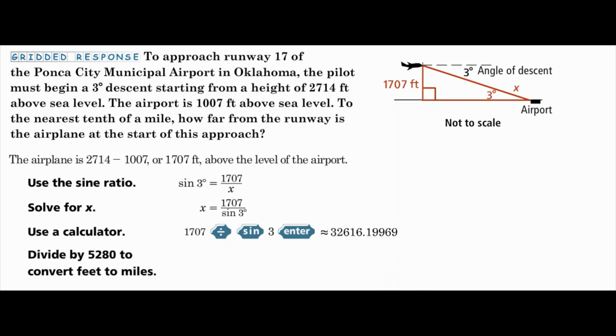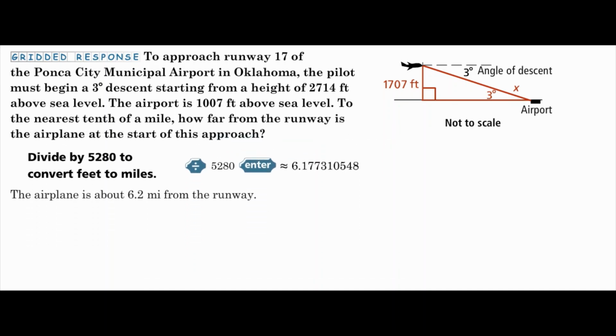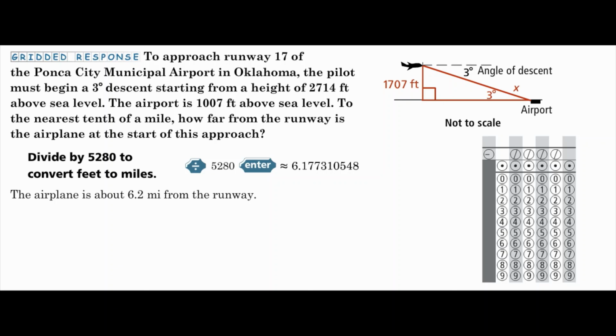Finally, divide your result by 5,280 to convert feet to miles. The airplane is about 6 2/10 miles from the runway. Now grid your answer.